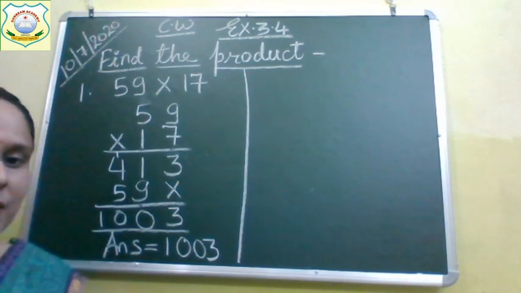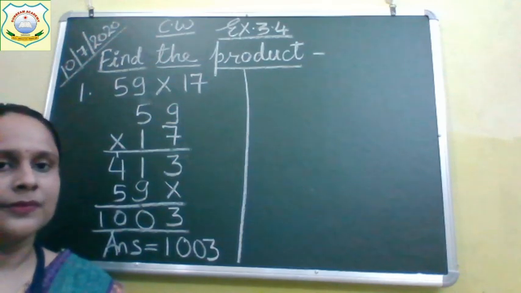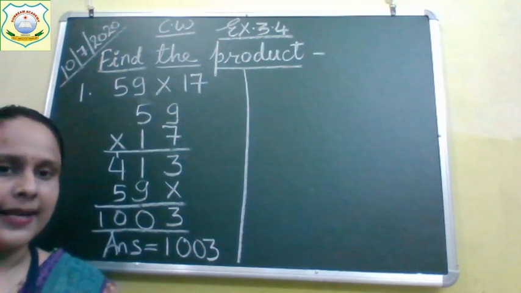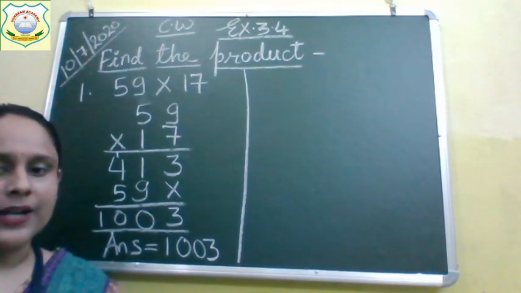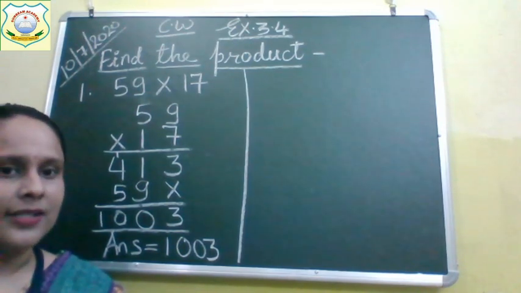Now I am giving you time for noting it down. Okay children? So note down. And don't forget to fill the index. In the index you will write exercise 3.4 along with the date.